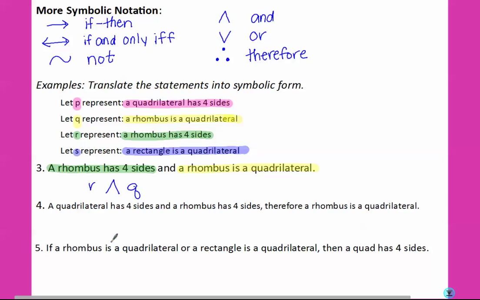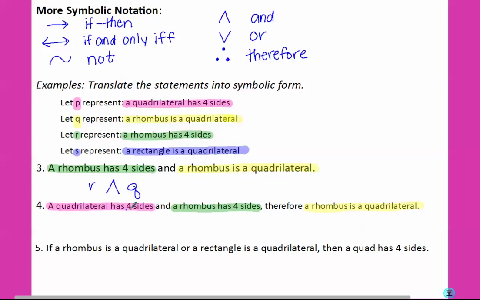A quadrilateral has 4 sides. And a rhombus has 4 sides. Therefore, a rhombus is a quadrilateral. Because of the therefore, we're going to do something special. So I'm going to leave some room below what I start to write.